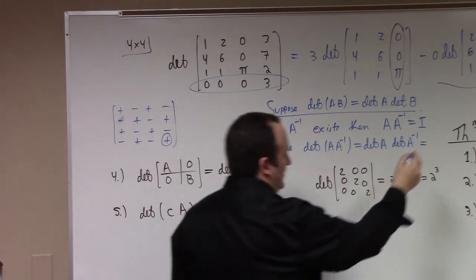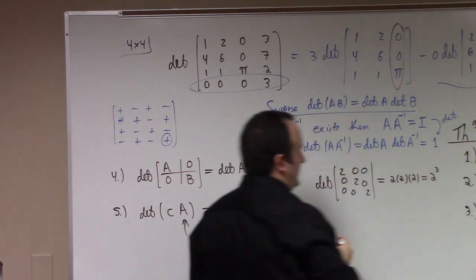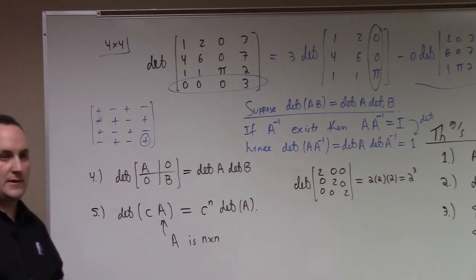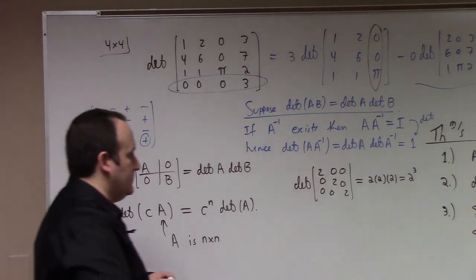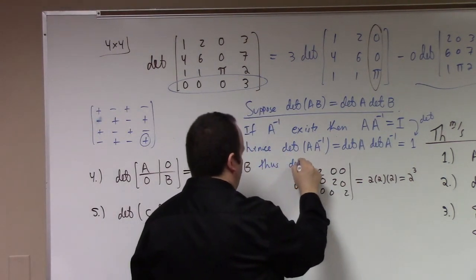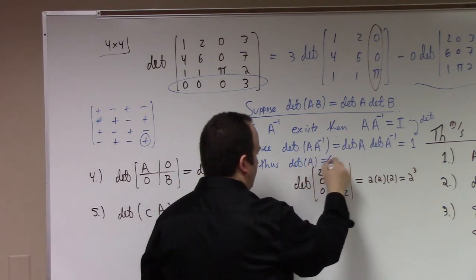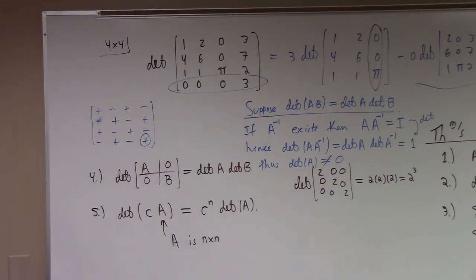Yeah, it's equal to 1 because the determinant of I is just 1. Thus what? Thus the determinant of A is not equal to 0, right? That's just basic field multiplication stuff. If the product of two numbers in a field is equal to 1, you can't have one of them be 0, right?